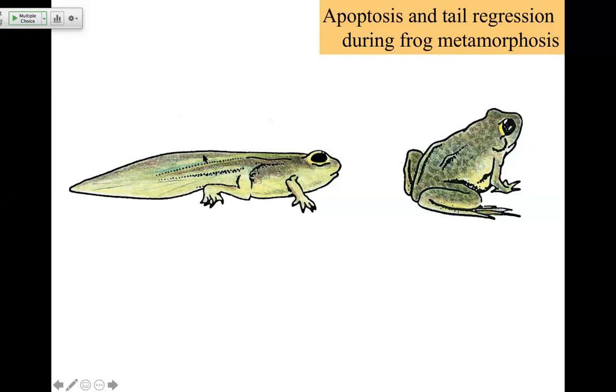And so that tail doesn't just fall off, it slowly regresses over time by slow regulated death, apoptosis, of those individual cells. Right, so cells need to remain alive if they have a function. Once those cells have carried out their function, if they're not needed anymore, then they're removed by this type of process.